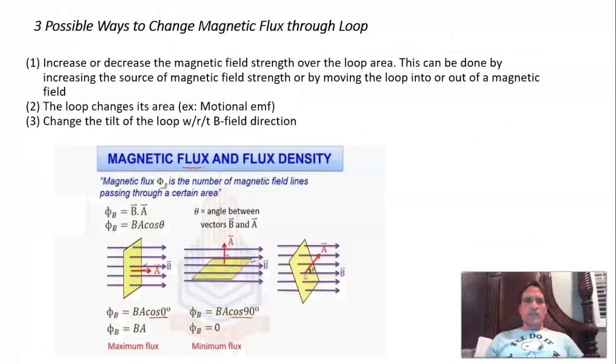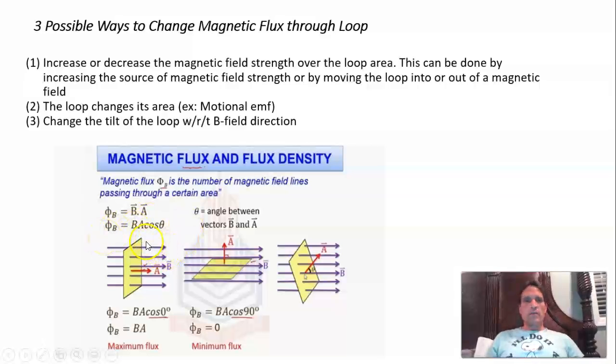Remember the definition of the flux through a coil: it's the magnetic field strength through the coil times the area of the loop times the cosine of the angle, the tilt that the coil makes with respect to the magnetic field. If B is not constant, then we have to integrate this flux.